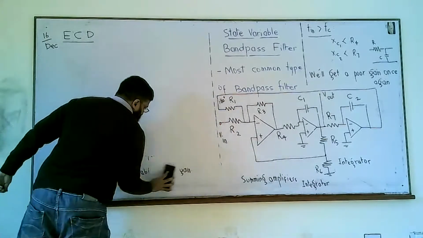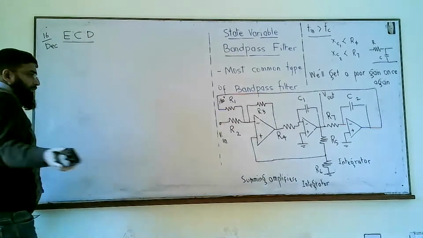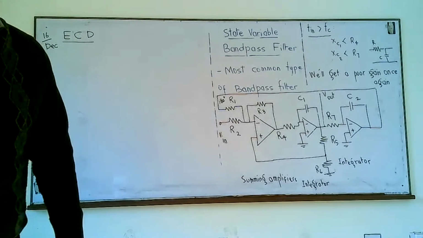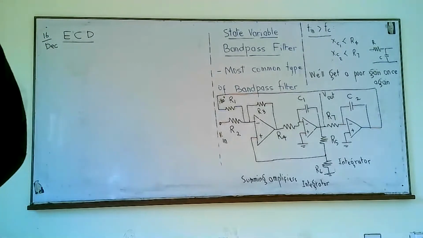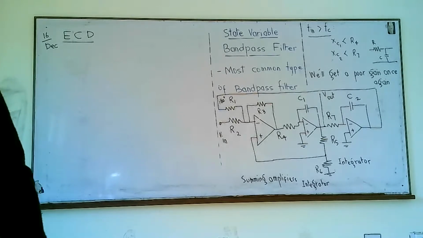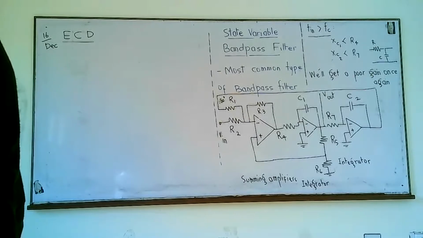The next is we are going to find something numerically. For example, what should be the quality factor? Because if we know the quality factor Q, we can compute the bandwidth.